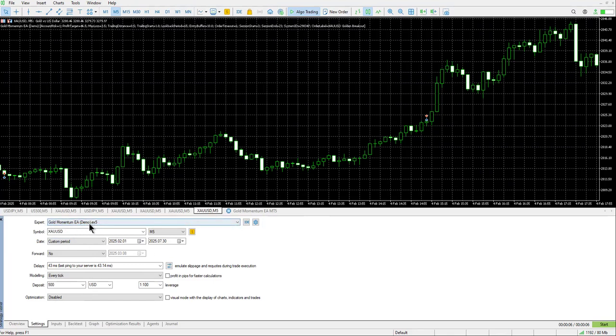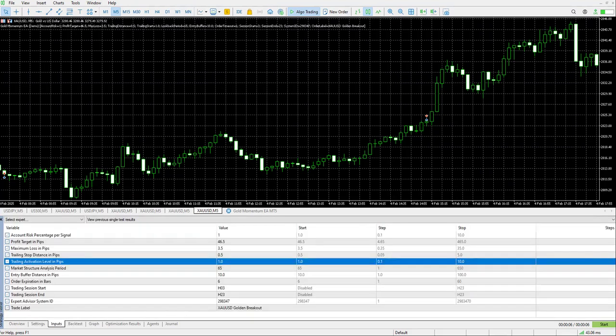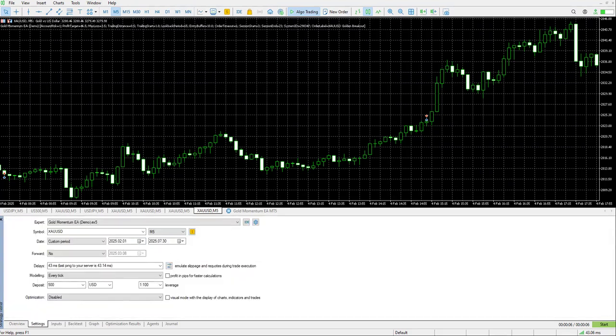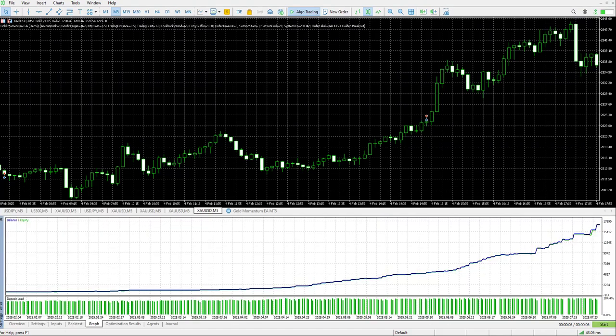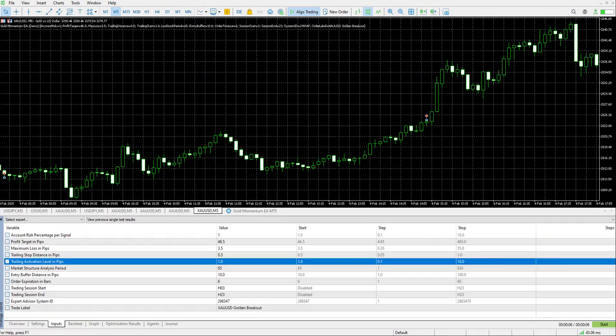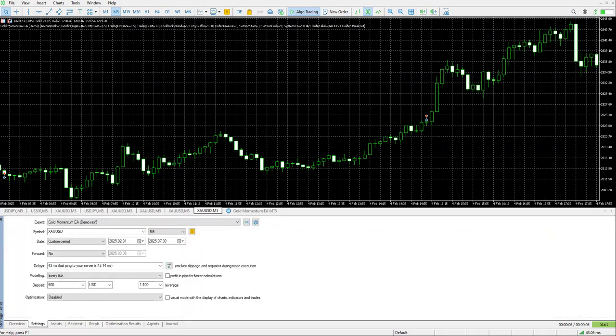With this version, you can use it only in the strategy tester. So you can test it with different parameters, periods, risk percentages, deposits, whatever. You can test it yourself on your own broker and see what the back test tells you. So I'll have that on the website as well. I think that's pretty much it.